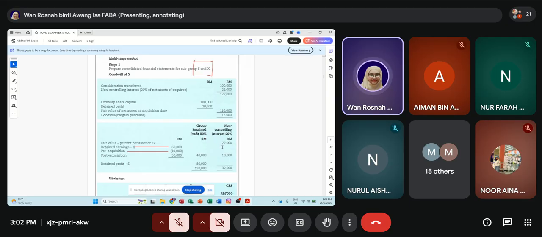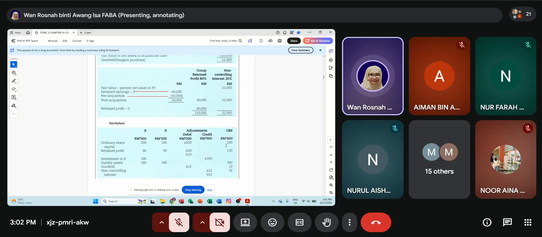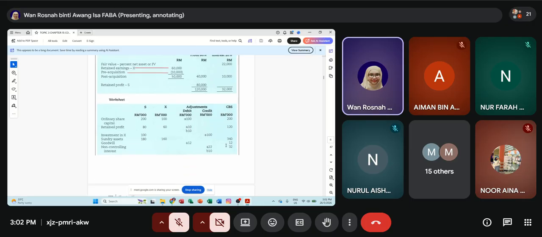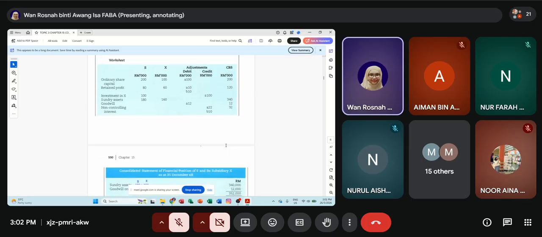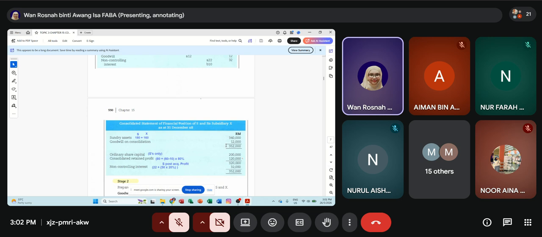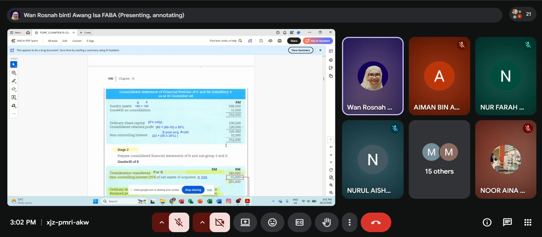So retained profit of S 80,000. So this is group retained profit and non-controlling interest.